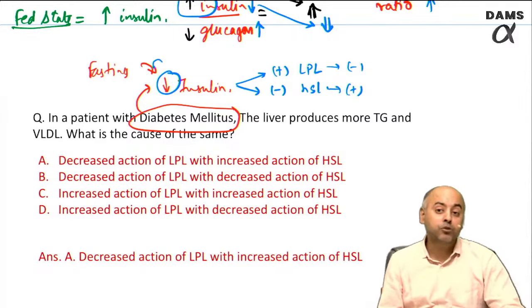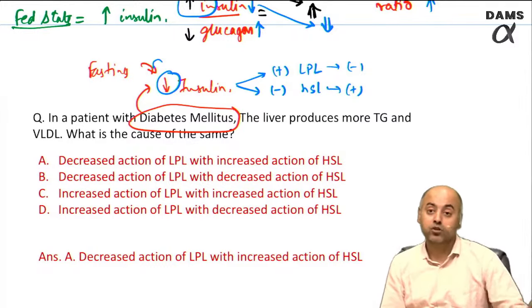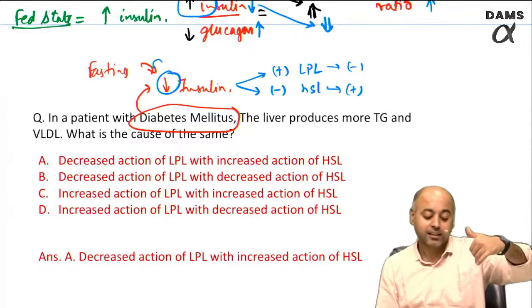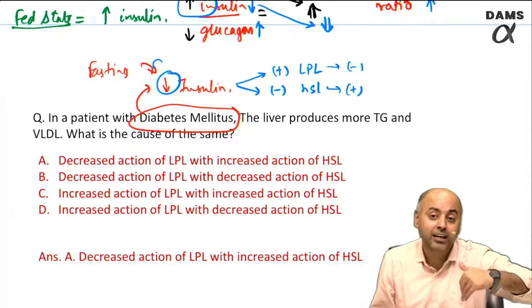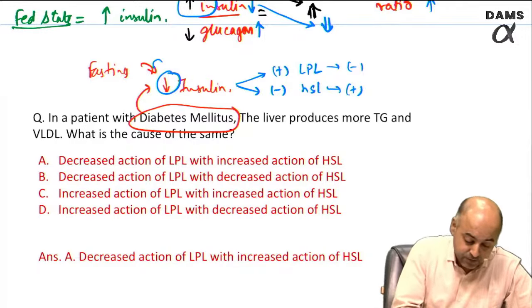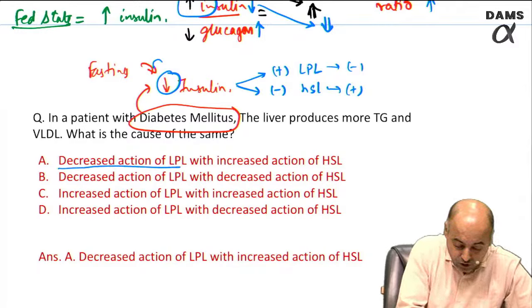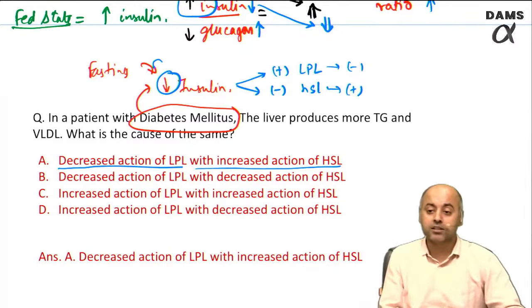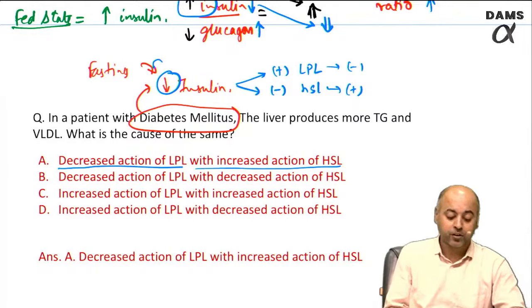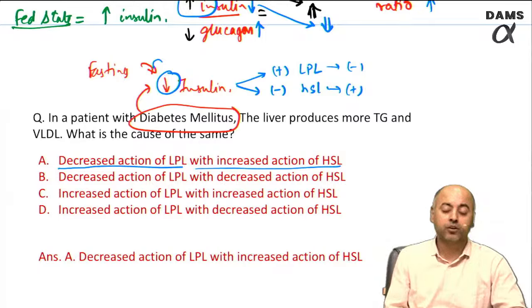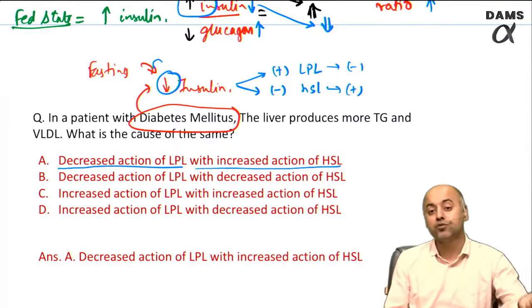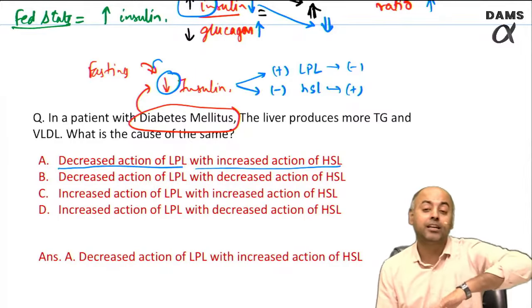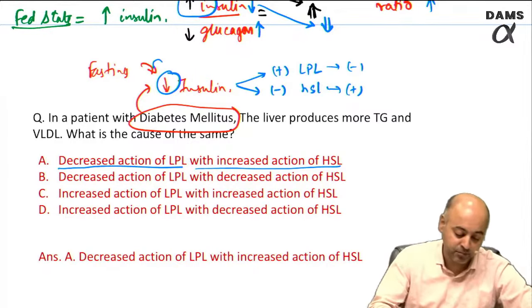When insulin level is less, the activity of lipoprotein lipase will be less and the activity of hormone sensitive lipase will rise. So decreased action of LPL with increased action of the hormone sensitive lipase. Please remember, when we say diabetes mellitus, that means insulin level is low. Whatever happens in presence of insulin, the opposite will happen in cases of diabetes mellitus.